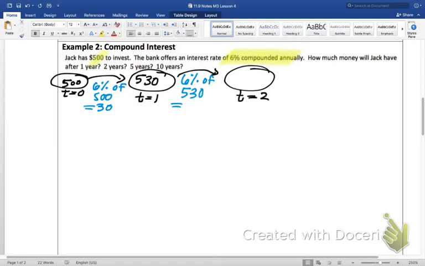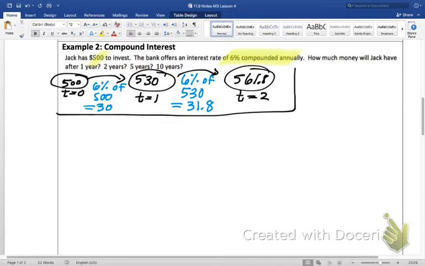That would end up being 31.8 if you do 530 times 0.06. And that means the new amount of money that he would owe back after 2 years would be $561.80.